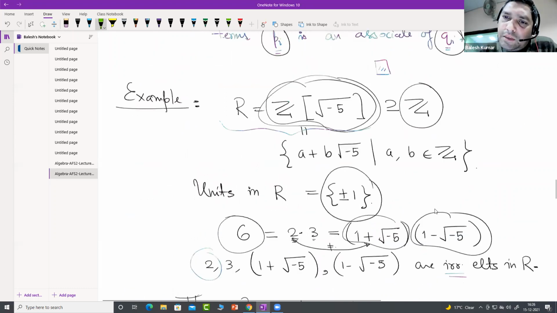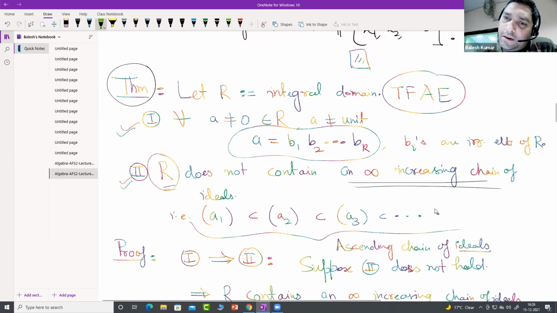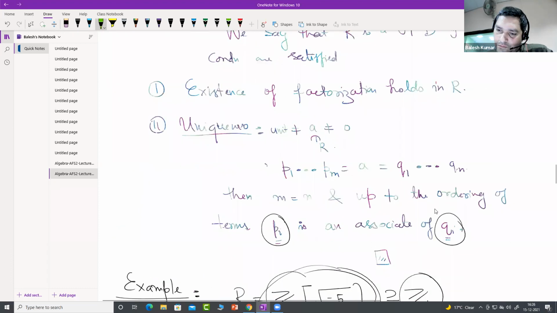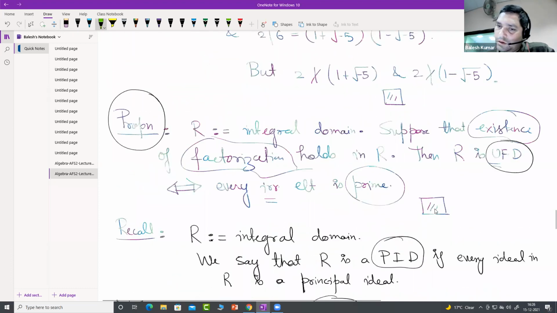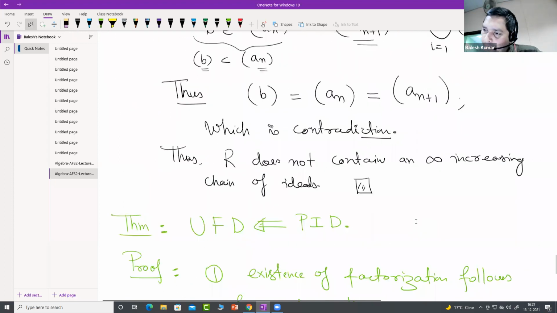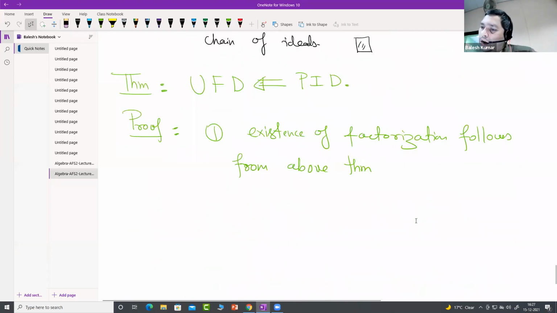Let me call the earlier one theorem A and this one theorem B. Then the existence of factorization follows from theorem A and theorem B.